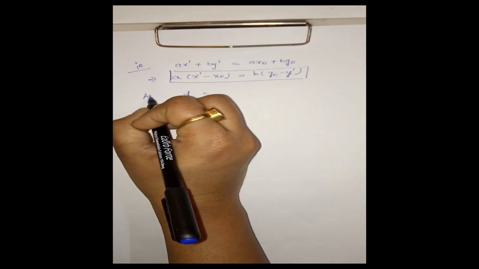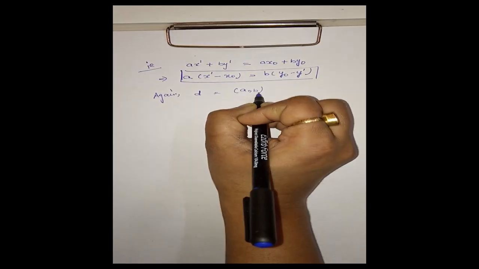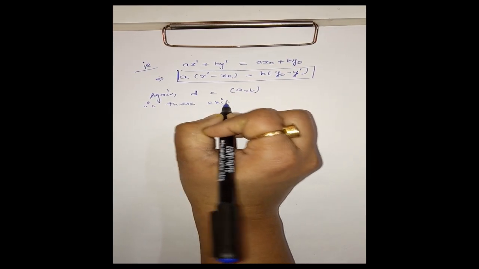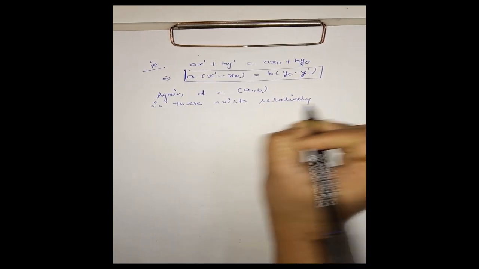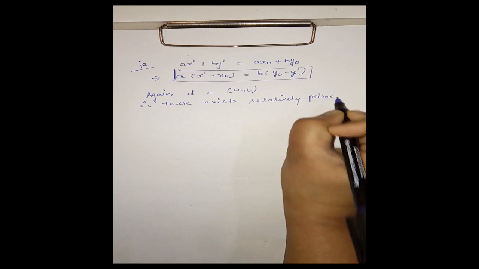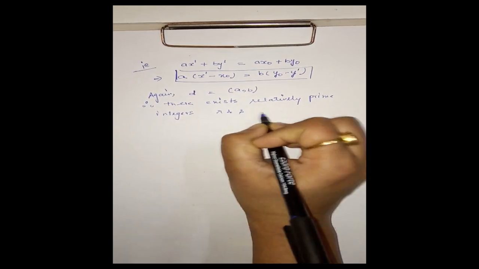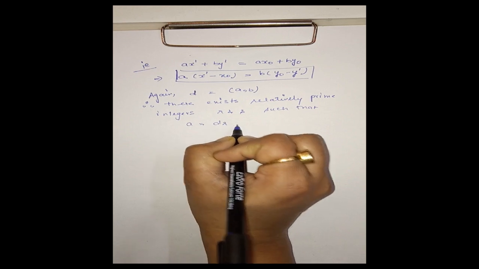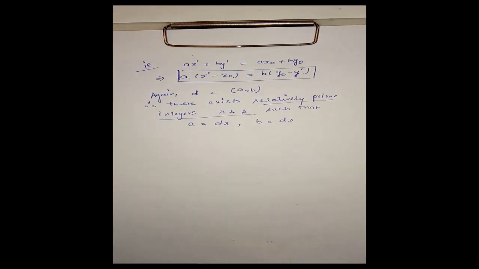Now again, d is GCD of a and b. Therefore there exist relatively prime integers, relatively prime integers means their GCD is 1, r and s such that a is equal to dr and b is equal to ds. Relatively prime integers r and s means GCD of r and s is 1.